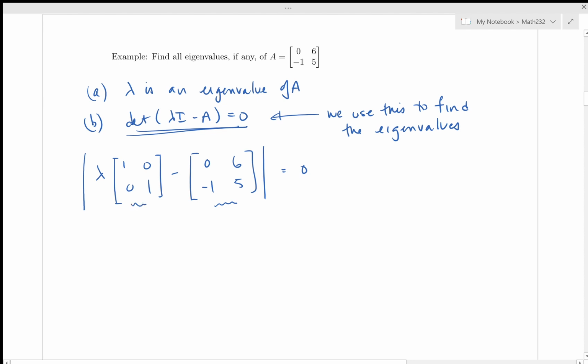If I was doing a 3 by 3 matrix, I would pick the 3 by 3 identity matrix. The dimensions of I and A must match. Let's proceed. I multiply the scalar lambda times I, and then I'm still going to subtract A, take the determinant, and set that equal to 0.